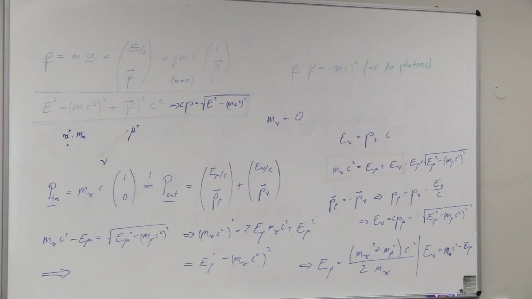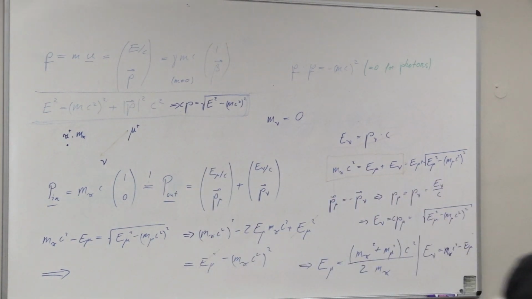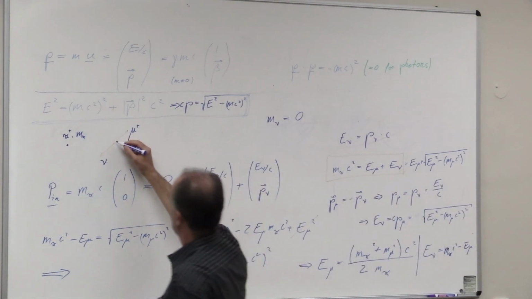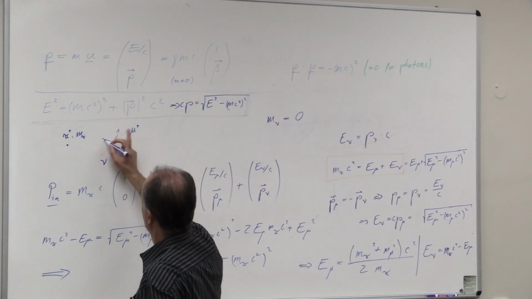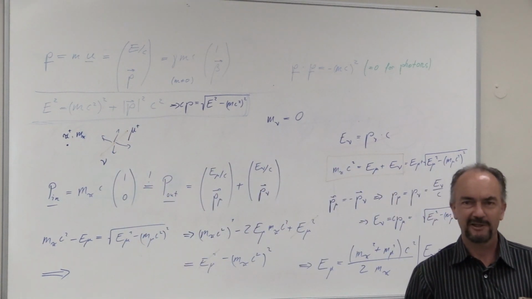So that was the second example, how you can use simple energy momentum conservation just to calculate the final products, the final energy and momentum. Good. Can we say anything about in what direction these momenta will go, like this or this? Not really, right?